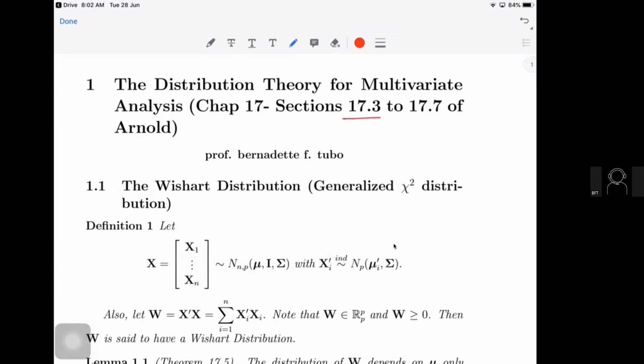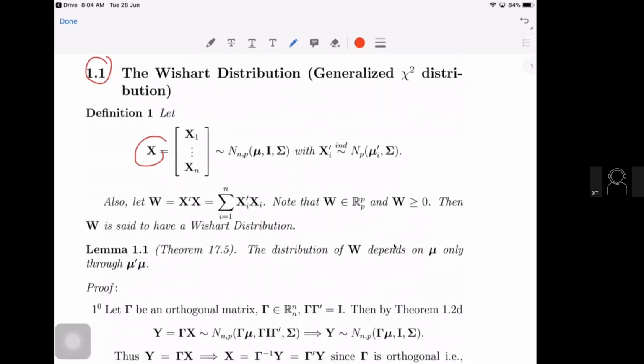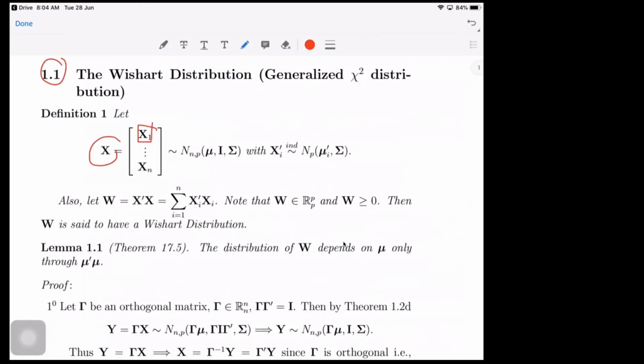So we will start in section 17.3. These are the assumptions before we can get a random matrix to be Wishart distributed. First, we have a random matrix here. Take note that this is not a univariate case, but this time this is a vector.